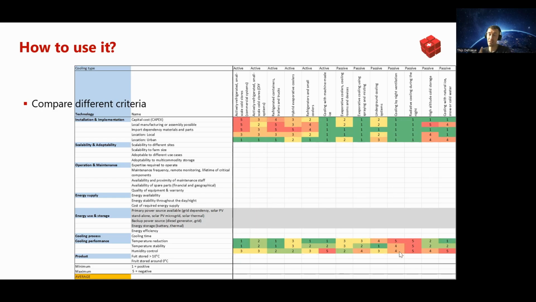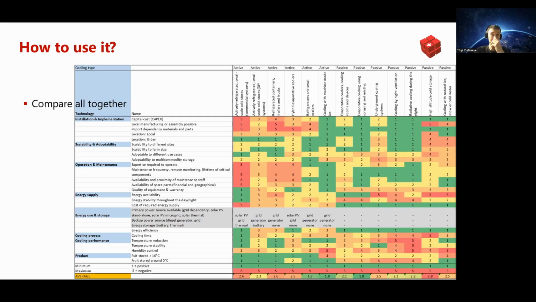So although it's easy to roll it out, your gain will be, let's say, much lower than you would look at for example, an active cooling solution, which has a lot of challenges with implementation and purchasing as well, but is a very easy way to reduce the temperature. So you can compare different technologies. You can also compare different criteria for the different technologies. You can also compare everything together.